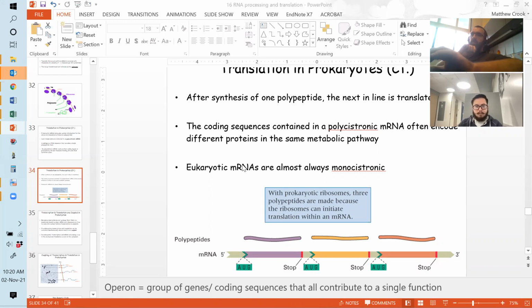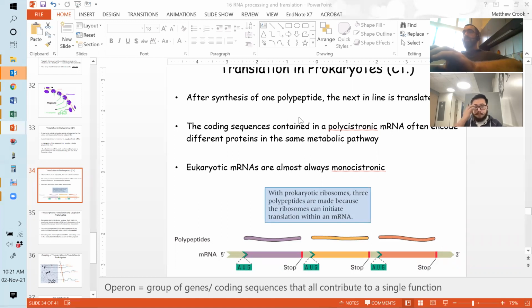And so this allows what's called coordinated gene expression, if I can spell that right. That basically means all of the genes involved in one process are controlled together, right?